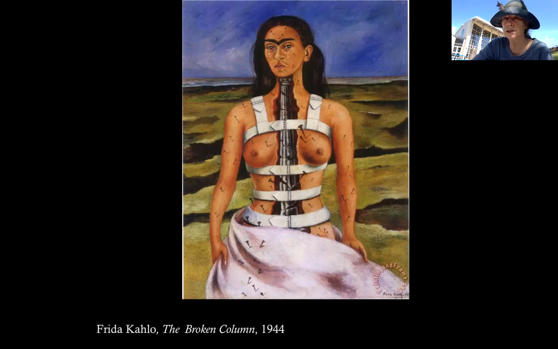A lot of her work is self-portrait, and a lot of it is about pain, like in this case, because Frida, when she was 18, was in a terrible trolley accident.